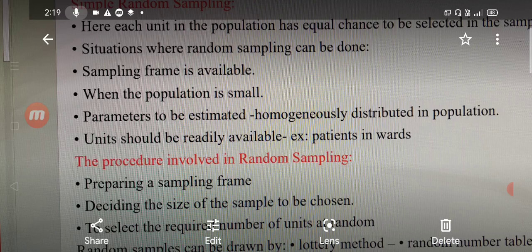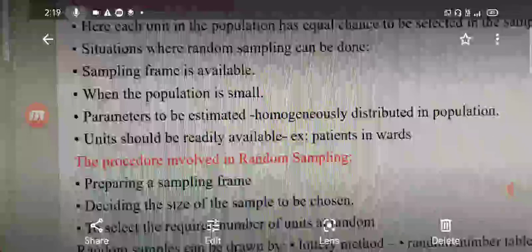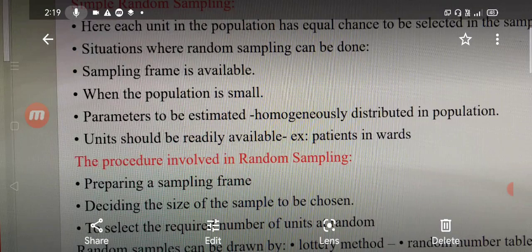For example, if we want to study students, then students are the units, and if we want to study patients, then patients are the units. Which patients?